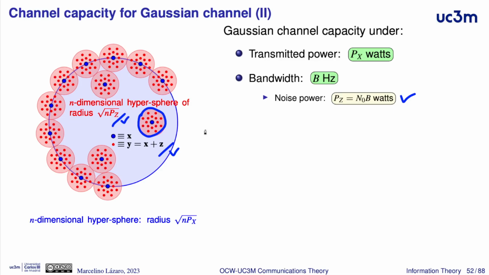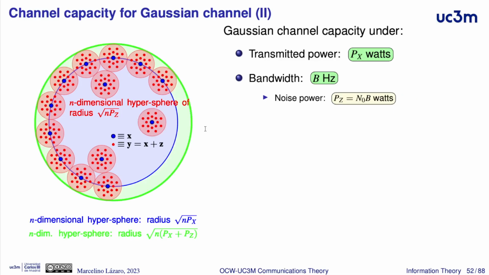Finally, taking into account that the signal and the noise are independent, the power is additive, and the representation of the signal plus the noise is contained in a hypersphere, the green one in this picture, whose radius is given by the addition of the power of the signal and the noise power. In fact, it's the square root of n times this addition.